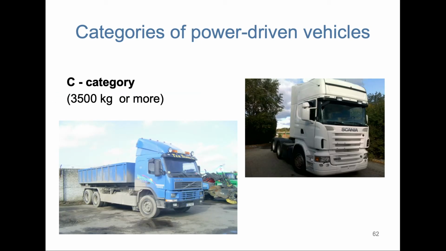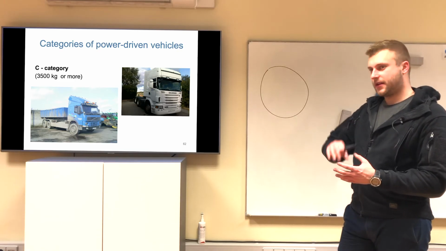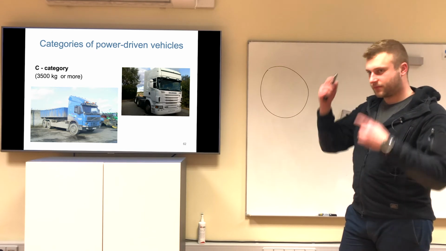C, you see, the full mass is more than this. And you see in the picture that C is only this truck part, only. We name it like a head like this.